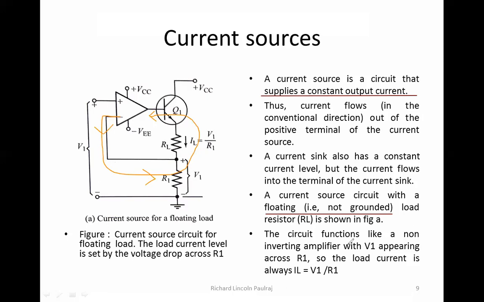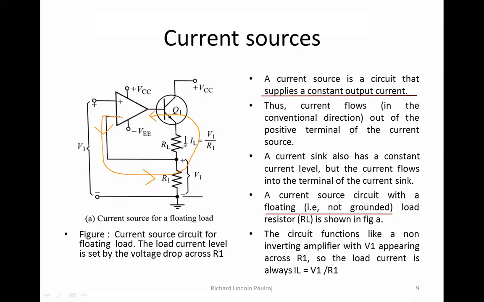So the circuit functions like a non-inverting amplifier with V1 appearing across R1. Whatever voltage I give as the input, I term it V1. This will appear across R1, because whatever is my input, the same thing is across my output.